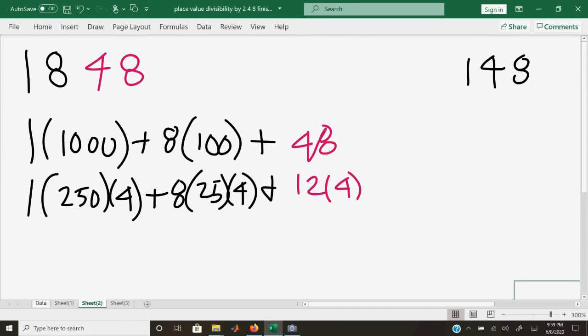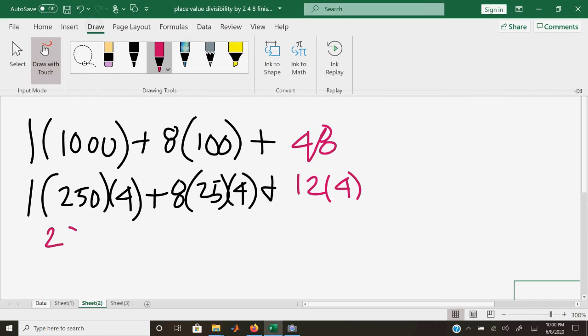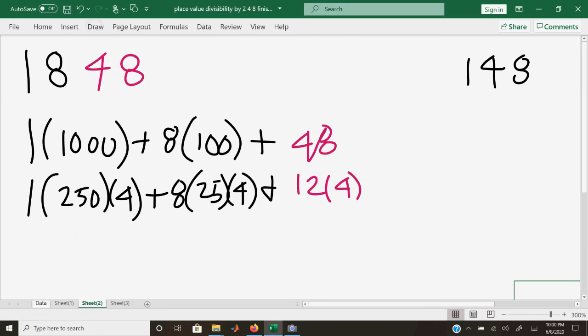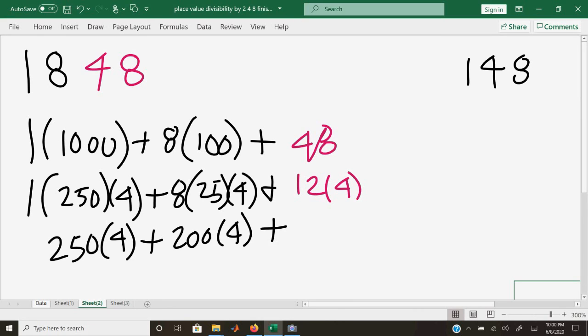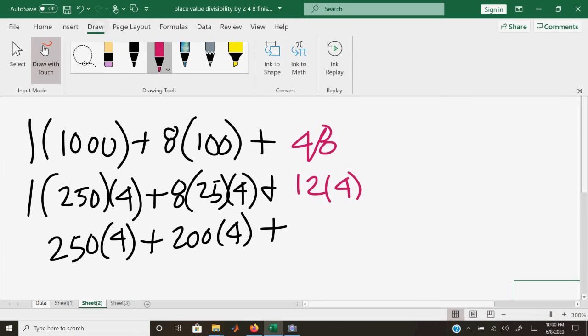So if I want to see if 1,848 is divisible by 4, if I want to divide it by 4, I'll say that I have 250 4s plus 8 times 25, or 200 4s plus 12 times 4.